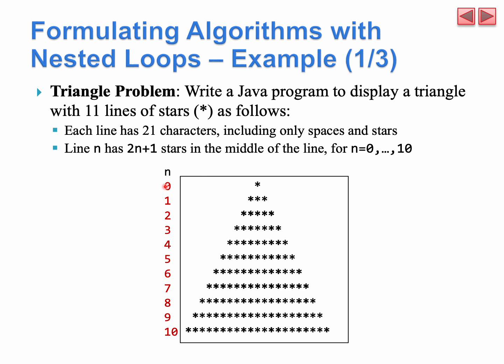We can number the lines from 0 to 10, where line number n has n plus 1 stars in the middle of the line. So both sides of the stars are space characters.